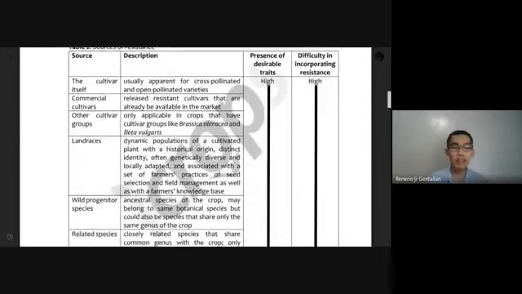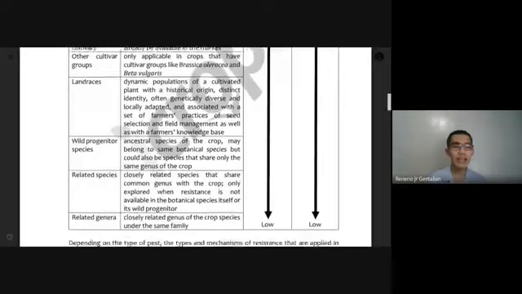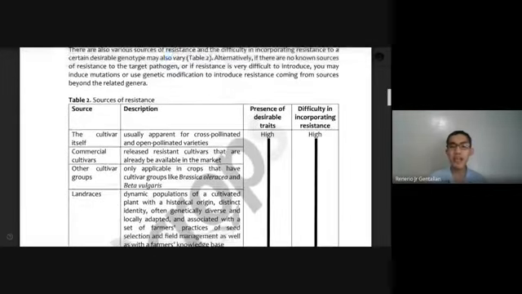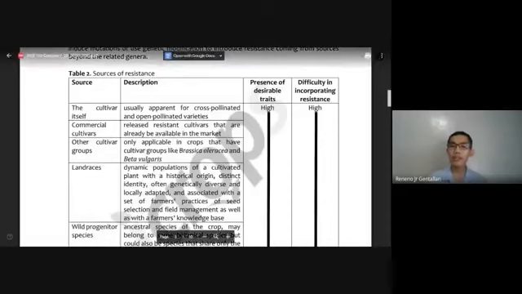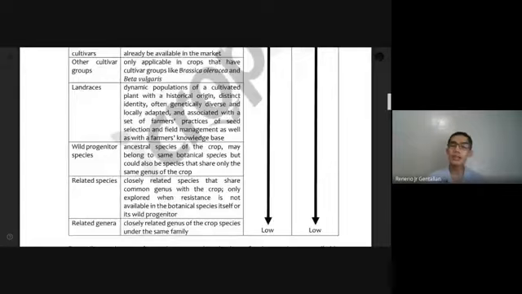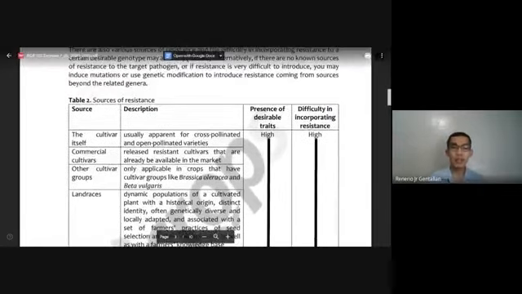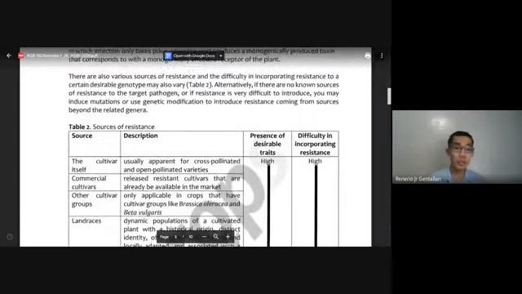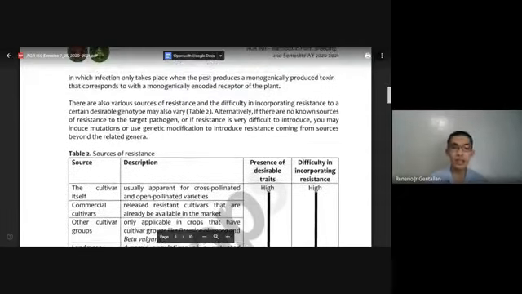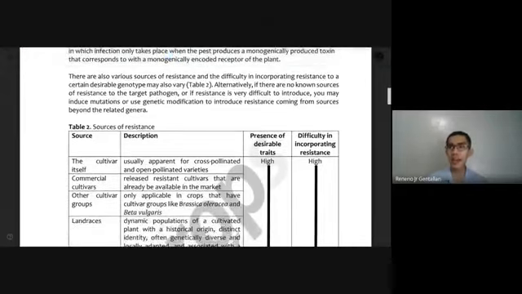It could be the commercial cultivar, landraces, and wild progenitors, their descriptions, the presence of desirable traits, and of course, the difficulty of incorporating this resistance into the desired genotype. This is a summary table as well that is made for you so that you can easily understand. This course is actually a whole 3-credit course in Wageningen University.